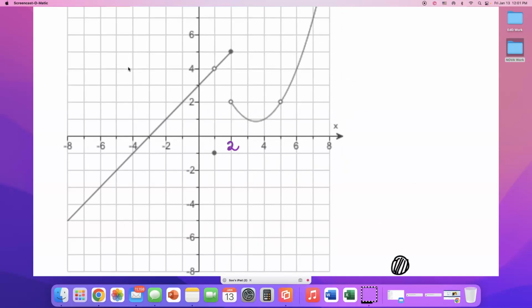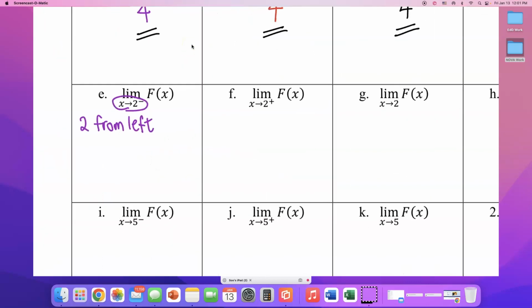And if I'm trying to go to 2 from the left side of the graph, I am going to this point right there, which is 5. So the left-hand limit is 5 because the left side of the graph, as you get closer and closer to 2, is going to 5 on the y-axis. So write down 5 as the answer for E.